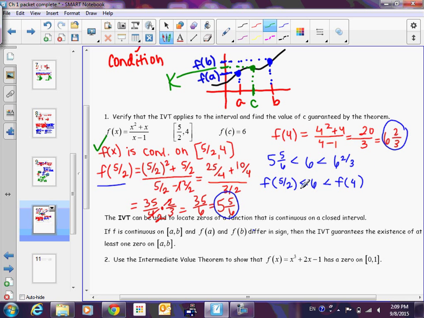I showed that this number 6 is between f of a and f of b. So now I can say, therefore, by intermediate value theorem, IVT, f of c equals 6 on this interval. You have to relate it back to the interval.